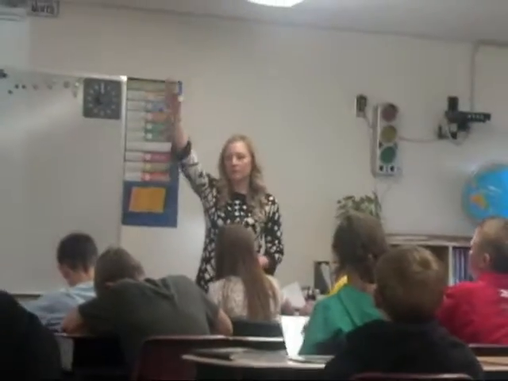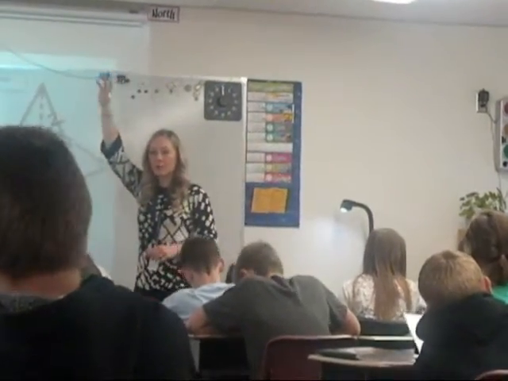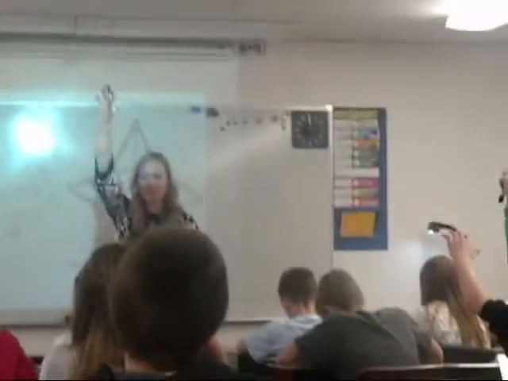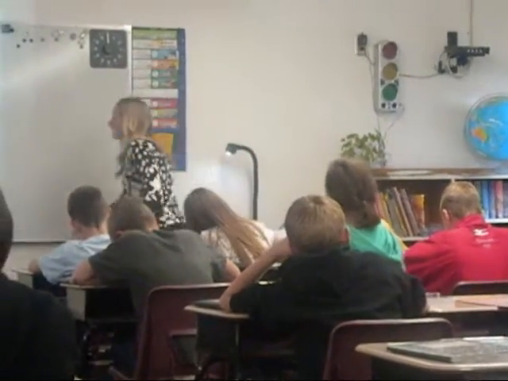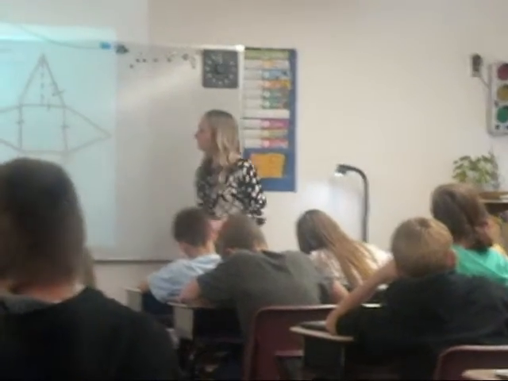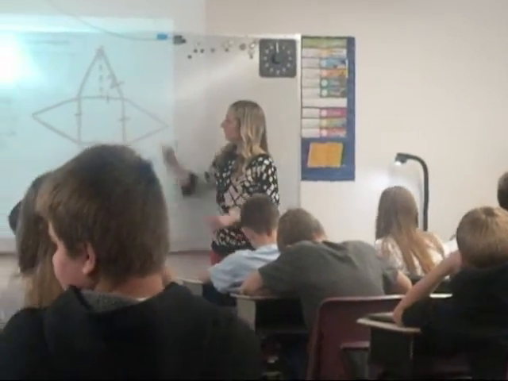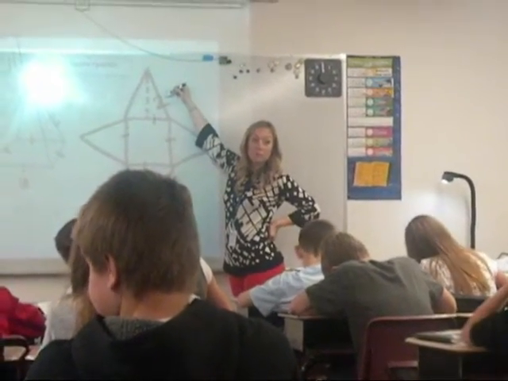Okay, you can raise your hand if you can walk me through how you did it. I just need a raised hand. Sandy, thanks for raising your hand with no noise. How did you solve this? I solved it by doing 6 times 2, which is 12, and then I divided. Are you finding the area of one triangle?